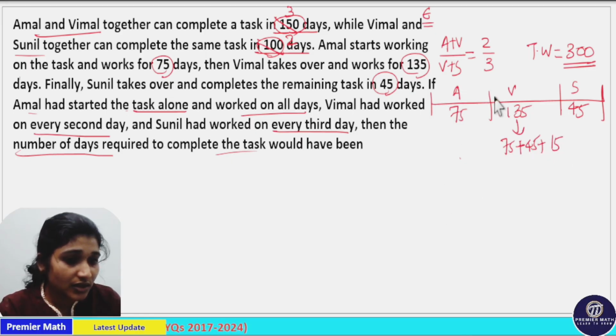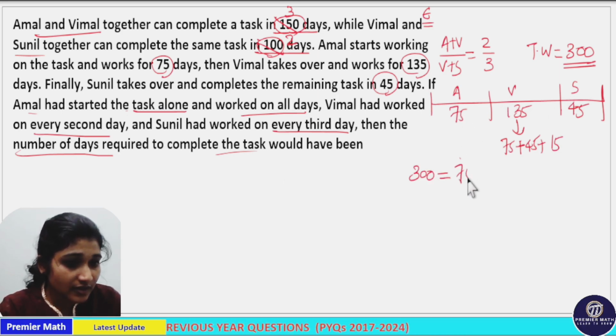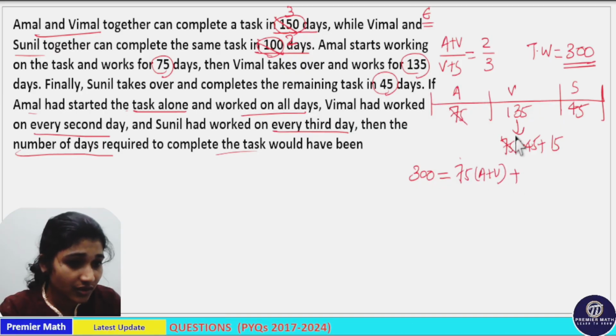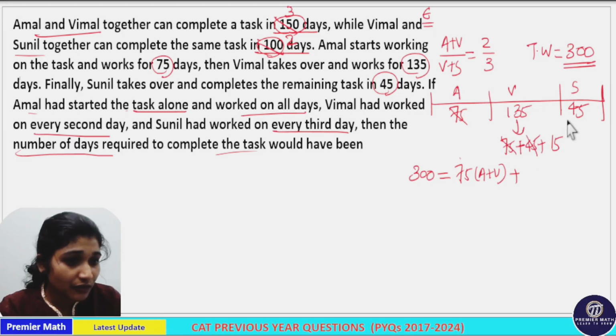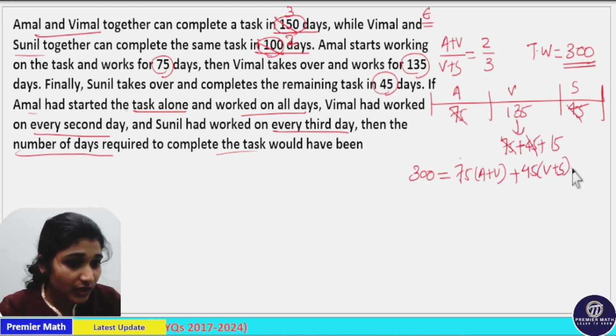So I can write A plus V and V plus S. In 75 days, Amal and Vimal worked, not together. And in 45 days, Vimal and Sunil worked. And in 15 days, Vimal worked.